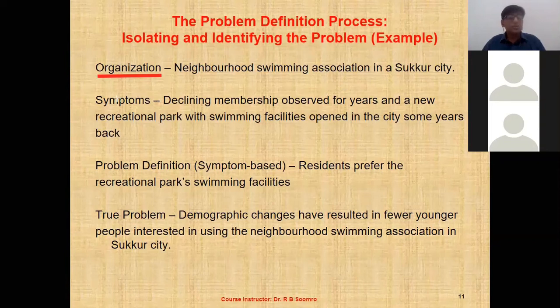Now the symptom is what? The symptom is that this company has declining membership.